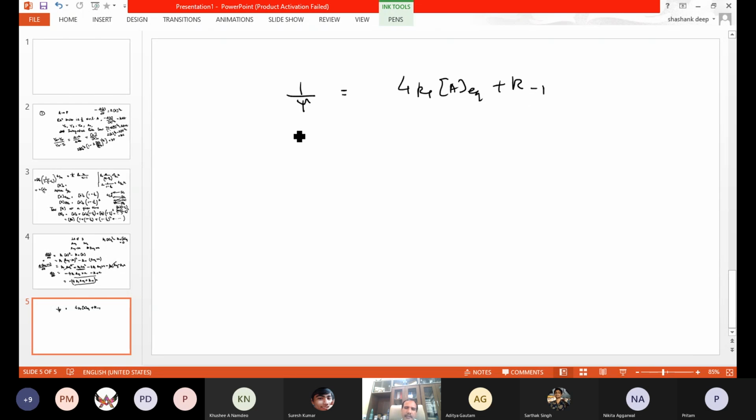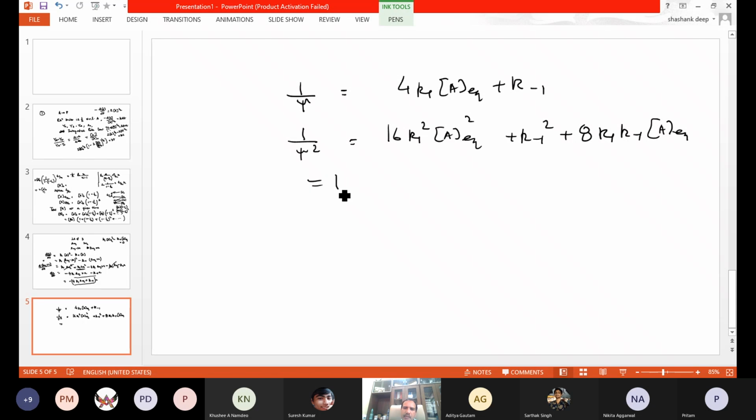Okay. Now, if you want to remove this equilibrium, what we can do is we write tau square. That's what we need to prove. Is equal to, what will it become? 16k square A equilibrium square plus k minus 1 square plus 8 k1 k minus 1 A equilibrium.